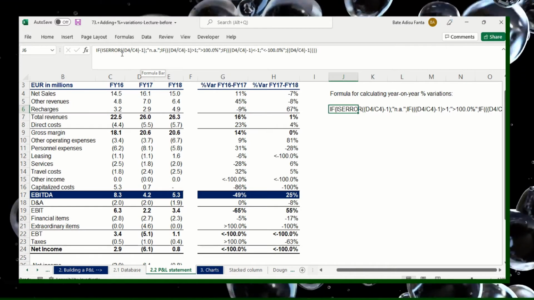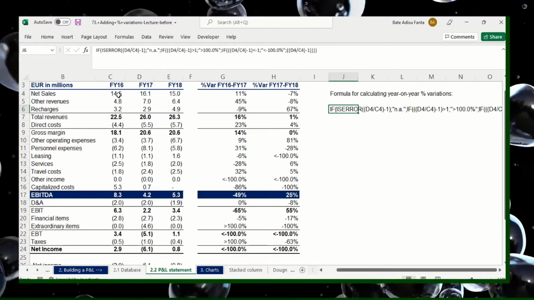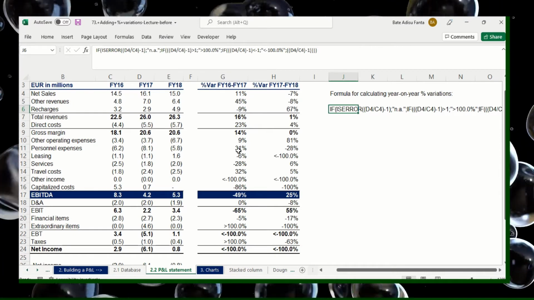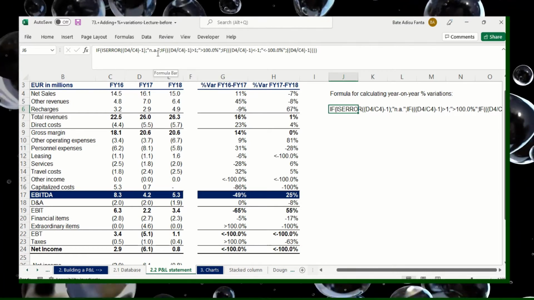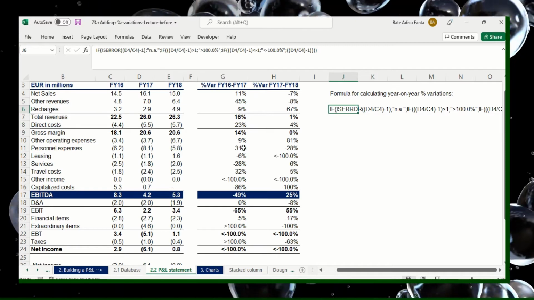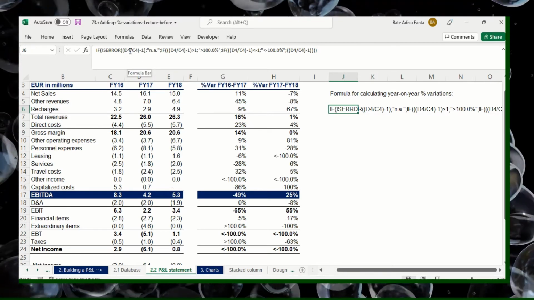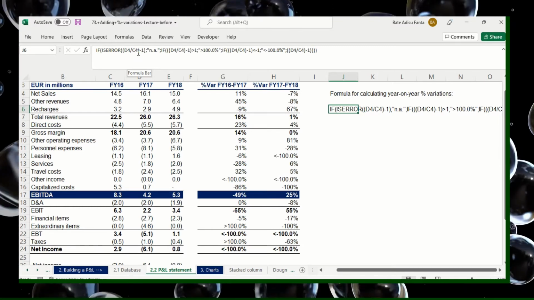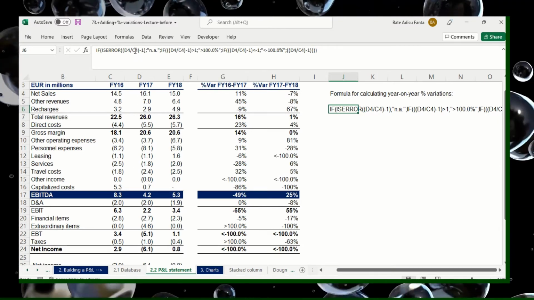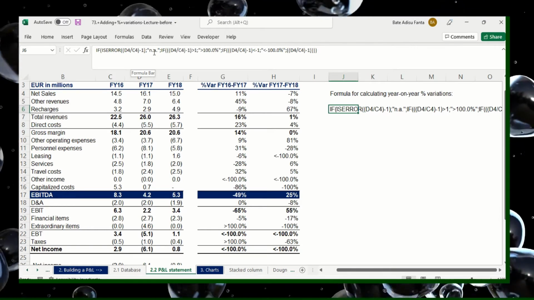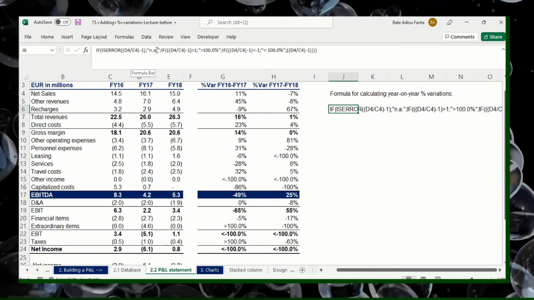So if there is an error in these two cells, our percentage variation will show NA. But in our case, there is no NA here. That means all our cell references D4 and C4 across our data are available. So we don't have this NA or not available option.